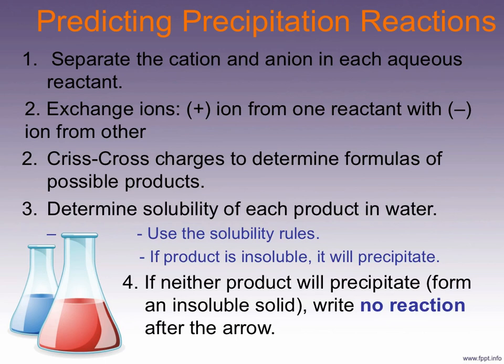Now, the trickier, the harder part is what I will often give you are the reactants, the two ionic compounds that are reacting. I will say, what are the products? So this is where you should be really alert, really paying attention, taking notes, whatever, because this is a tricky part. So here's a list of rules which you can print out or write down for future reference.